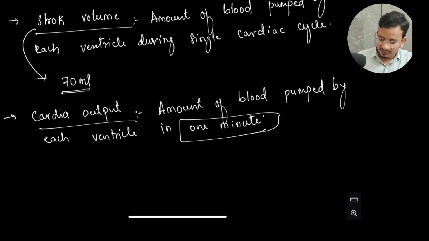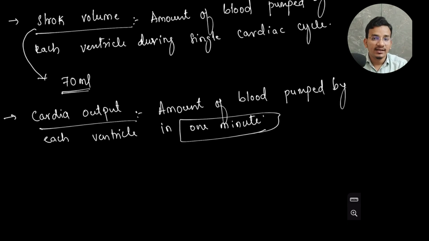Okay, so whatever blood is pumped by each ventricle in 1 minute is known as the cardiac output. In one cardiac cycle, the blood pumped by each ventricle is the stroke volume, and the amount of blood pumped by the ventricle in 1 minute is the cardiac output.